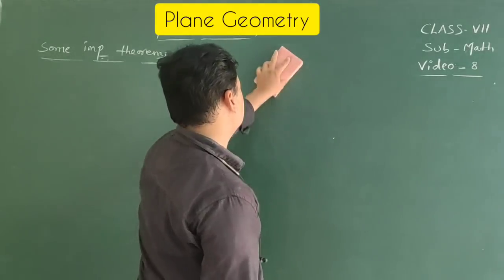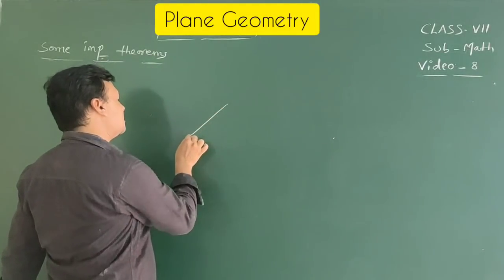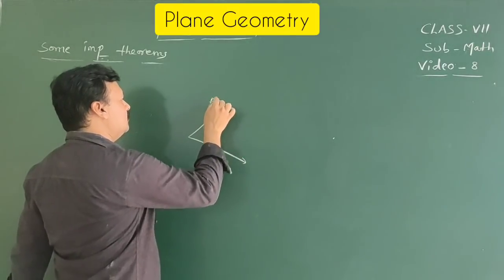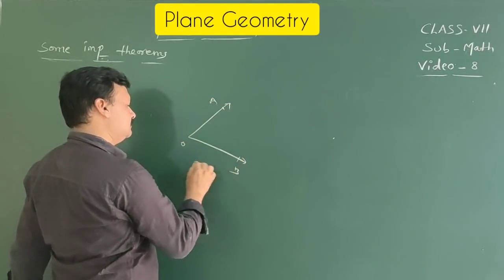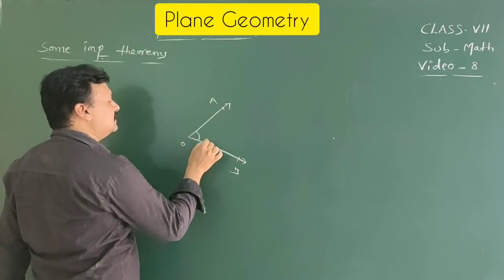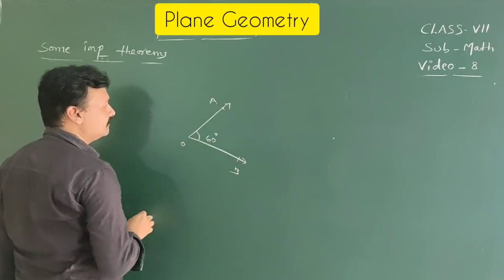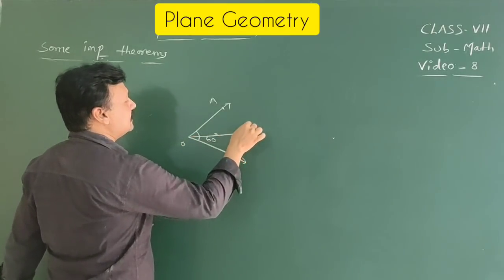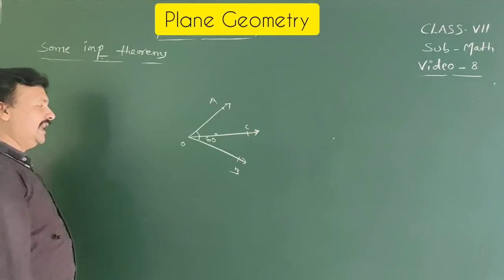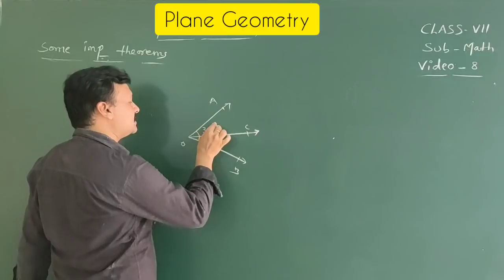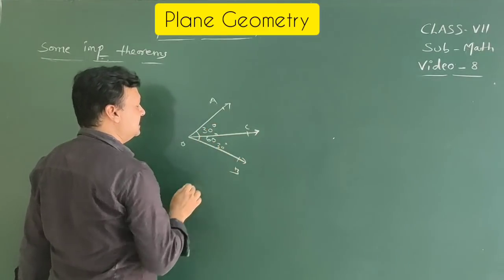Angular bisector. Angular bisector means, for example, AOB is an angle measuring 60 degrees, and OC is a ray which divides AOB into two equal parts, 30 degrees and 30 degrees.